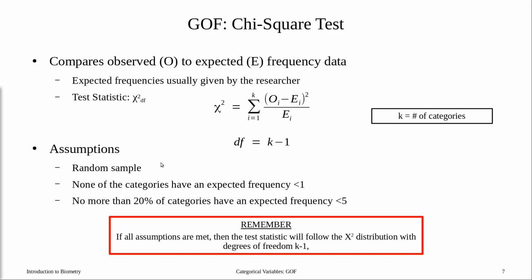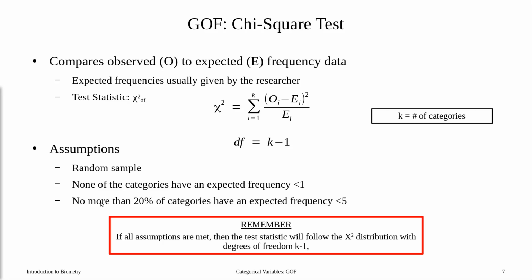Now, the assumption of the chi-square is that we're working with a random independent sample. No big surprise, it's basically the same for all of our tests. But we have these other two situations. None of the categories can have an expected frequency less than 1. When they do, it's going to really throw off our chi-square test statistic.